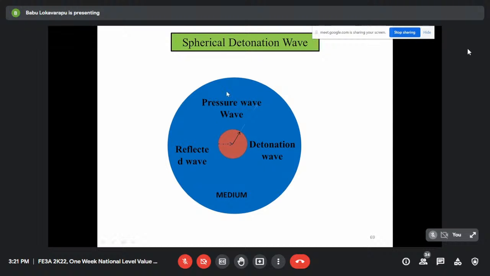This is a spherical detonation wave. Here, this is the explosion in red color, and the outside is the medium, the water medium. Once the explosion takes place, the detonation wave is generated like this, and it is traveling in this direction.